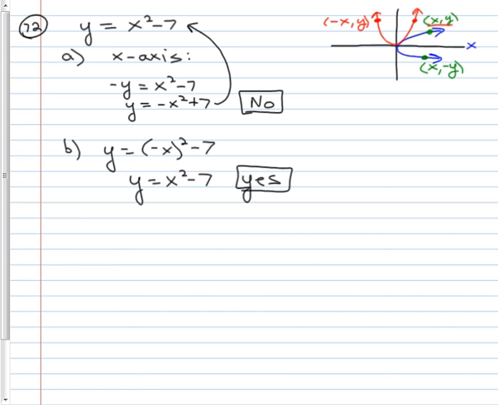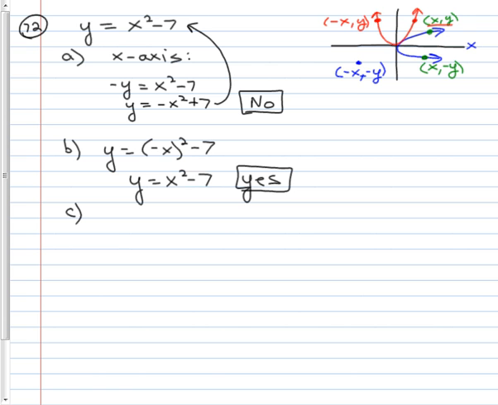Now, we are going to do the check for the origin. But can you tell me the answer now that you've thought about what the graph looks like? Is this symmetrical with the origin? No. I can't rotate it 180 degrees and have it look like itself. For symmetry with the origin, the original (x, y), if you rotate it 180 degrees, you get (negative x, negative y).